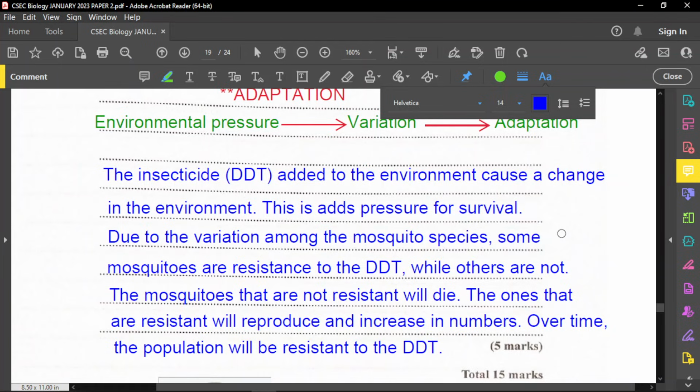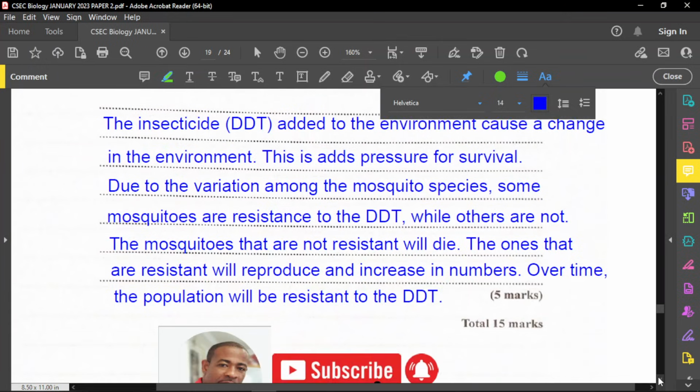Due to variation among the mosquitoes, some are resistant to the DDT while others are not. The mosquitoes that are not resistant will die, and the ones that are resistant will reproduce and increase in numbers, and over time the population will be totally resistant to the DDT. So once you explain adaptation or natural selection, you're good to go.